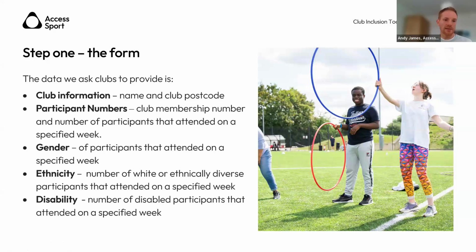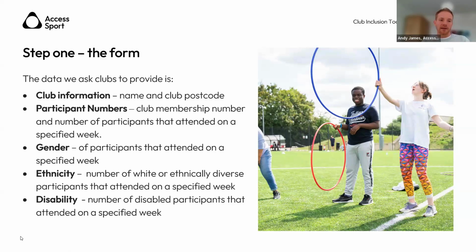Then we ask for the number of female participants, the number of male participants, the number of participants from ethnically diverse communities, and finally, the number of participants who are disabled or have a long-term health condition.